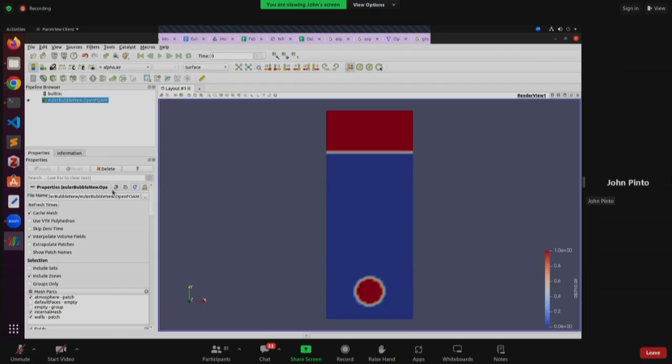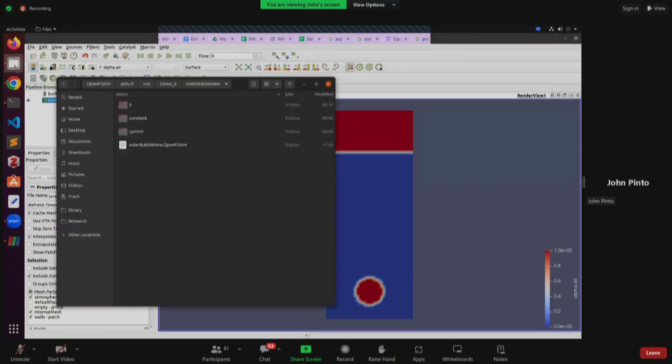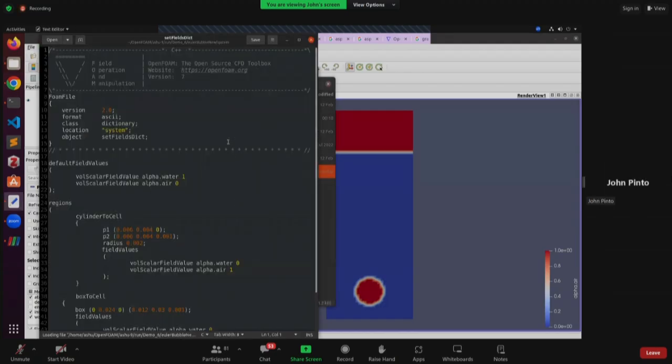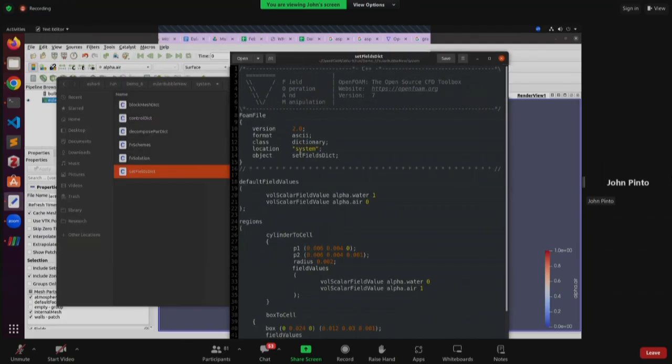Now let me go to setFieldsDict so that you will understand what we have written in it. If I open my setFieldsDict over here, you see that by default, throughout the whole domain, we are declaring alpha.water as 1. That means the whole domain is water and the air fraction in the whole domain is 0.